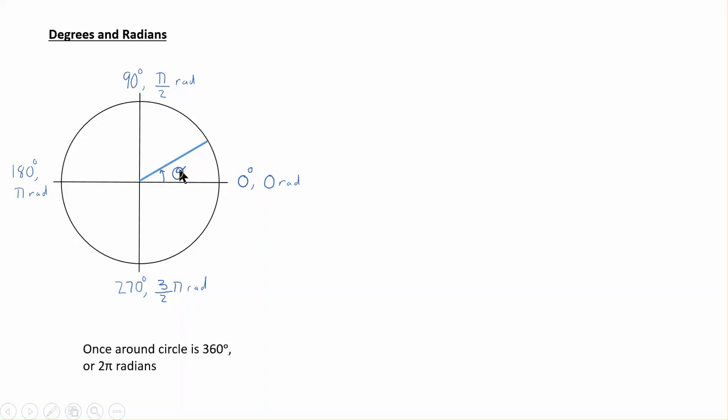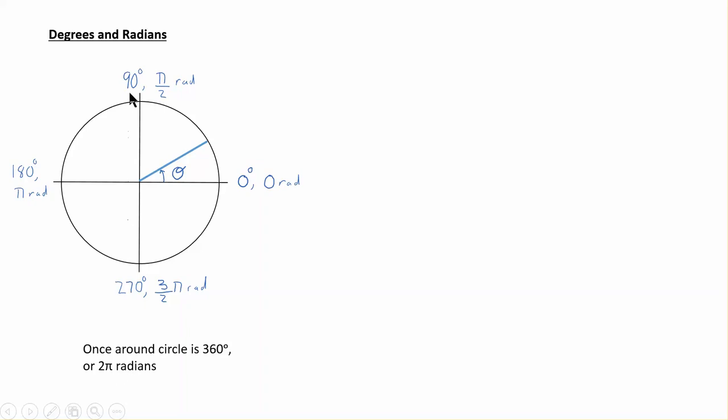As theta gets larger and larger, in other words, as we move around the circle, we're increasing the angle. You may recall that 360 degrees corresponds to going once all the way around the circle. So if I increase this angle theta and go all the way around, that corresponds to 360 degrees, which is equivalent to 2 pi radians.